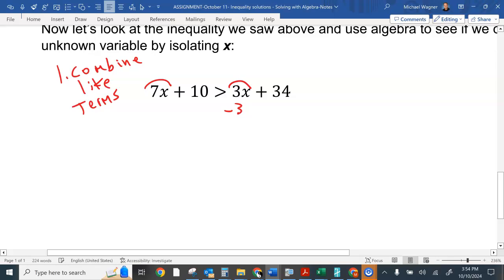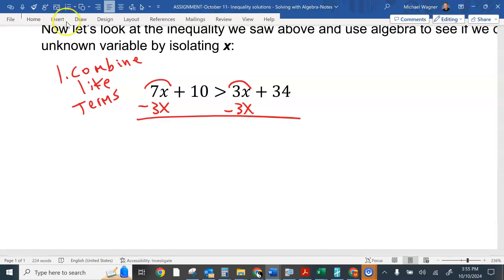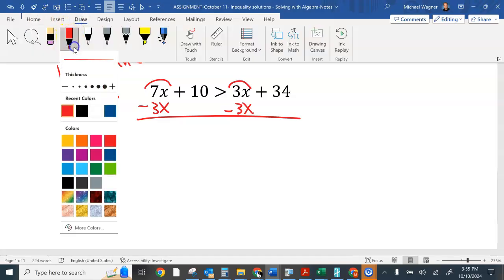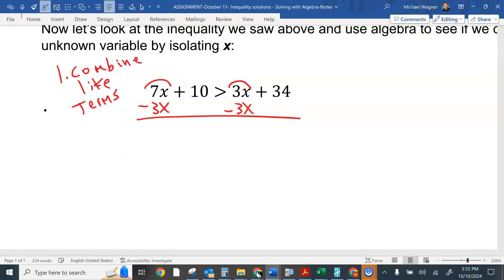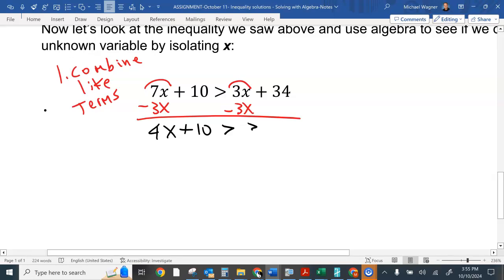So we go minus 3x, and we get 4x plus 10 greater than, this goes away, 34 from over here. Good. Now we're going to combine like terms, the 10 and this term.